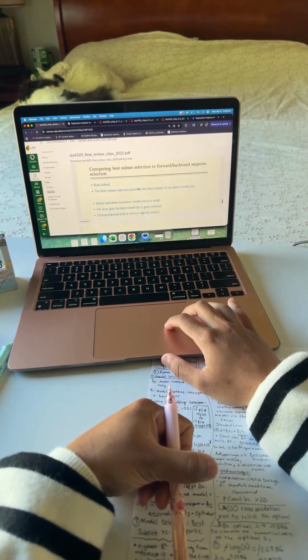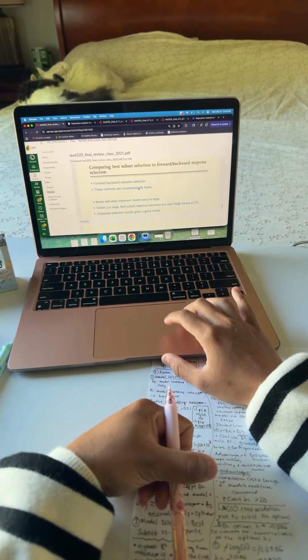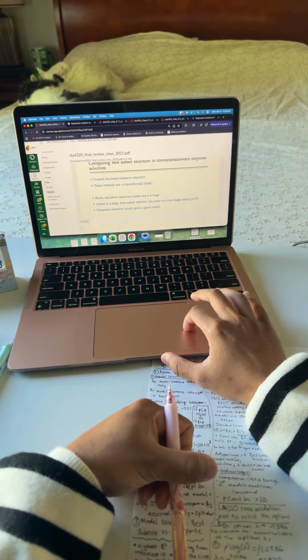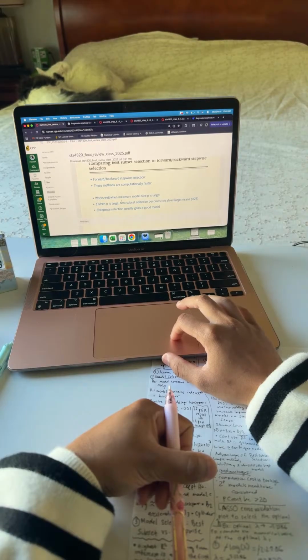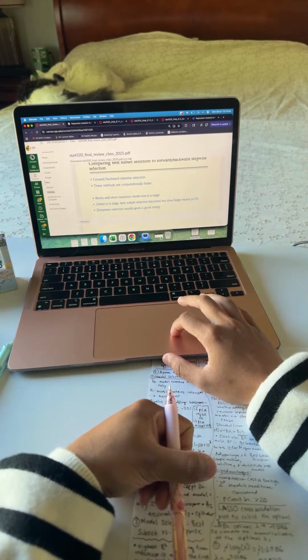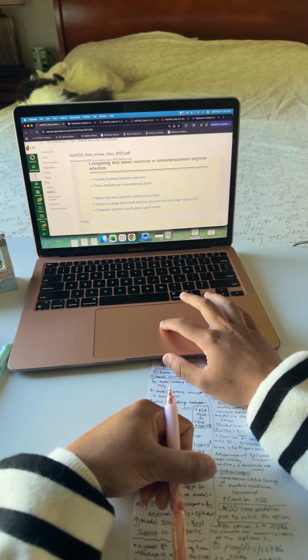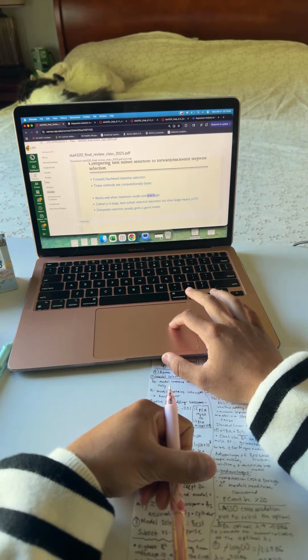So computationally faster, okay, gives a good model, right? But also requires the p size to be large.